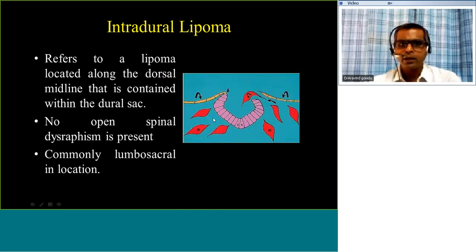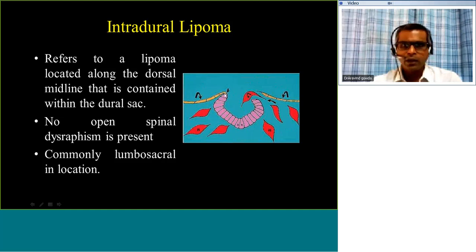In the intradural lipoma, as I had earlier told, it is due to the early disjunction. That is, before the closure of the neural tube, the epidermal tissue will disjunct itself from the neuroectoderm. Subsequently, the mesodermal cells enter towards the neural tube to form the intradural lipoma, and the epidermal tissue will eventually close itself.